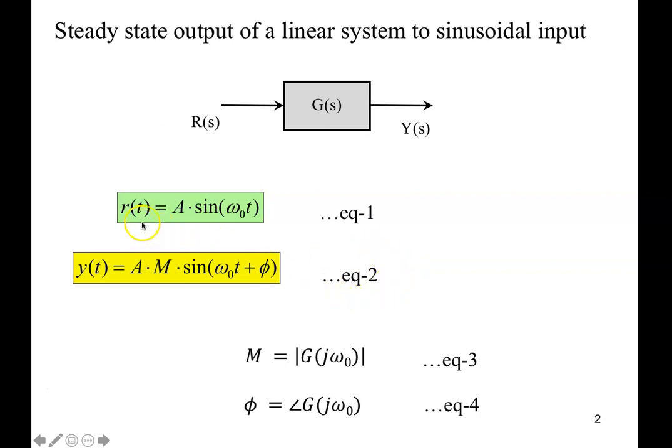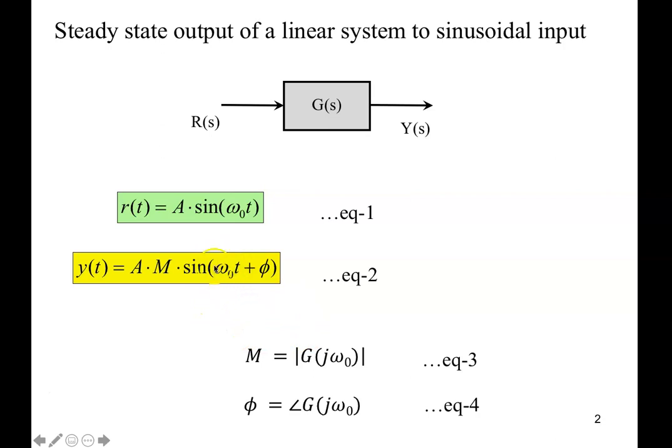Basically, if you have an input r(t) equal to A sin(omega naught t), where A is the amplitude and omega naught is the angular frequency, then the output response will also be a sine wave of the same frequency. So the frequency doesn't change.